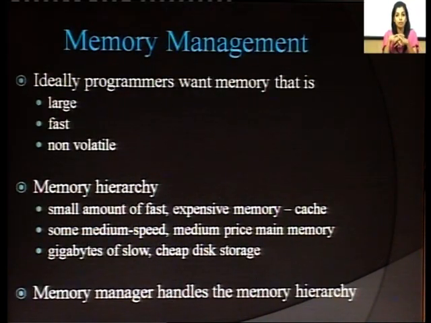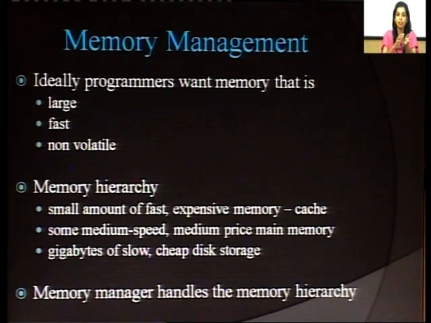So in memory management, programmers want memory that is large, fast and non-volatile. That is the requirement of the program. Programmers always need large memory so that they can execute a large number of programs and processes. They require fast memory for fast execution, and non-volatile memory.